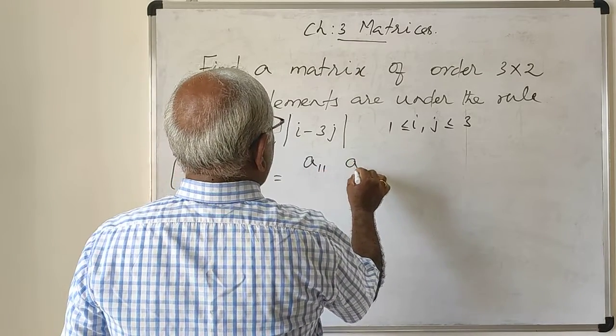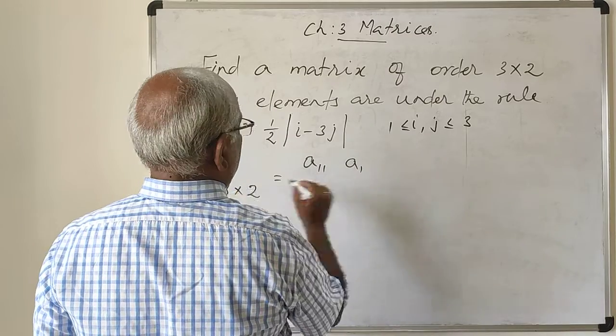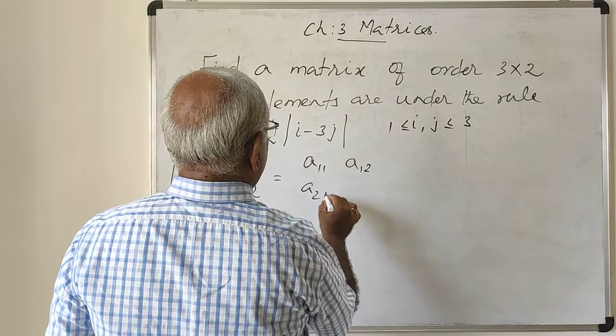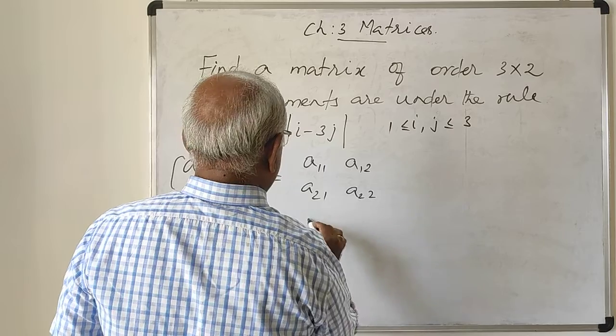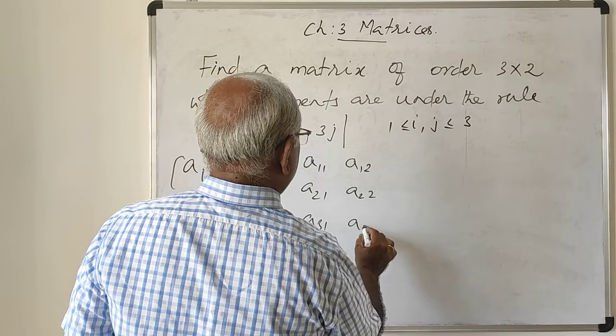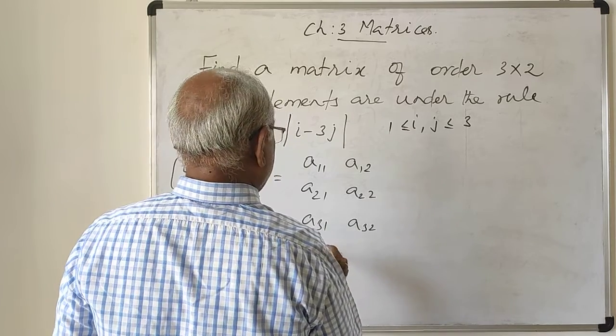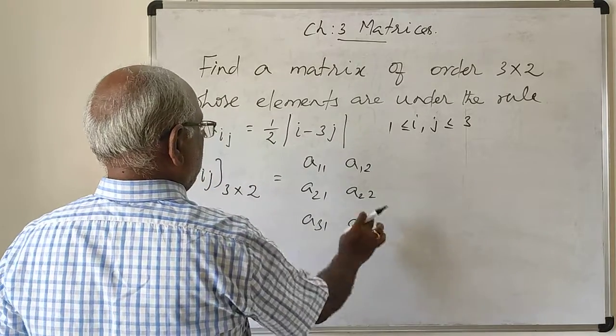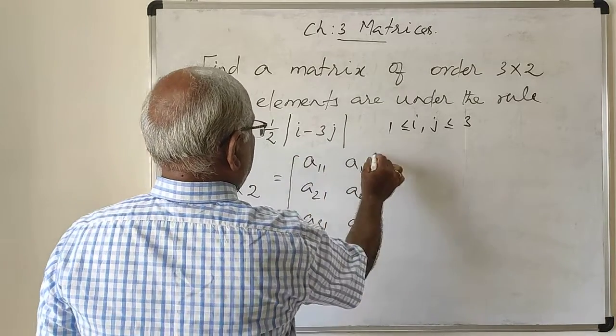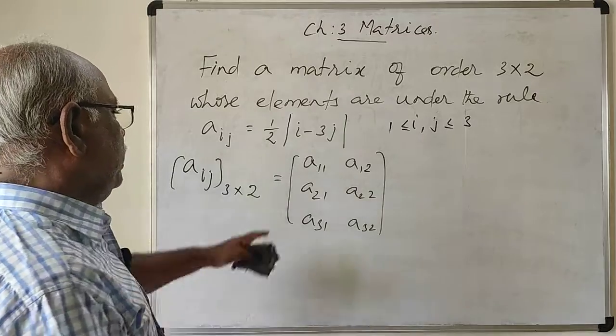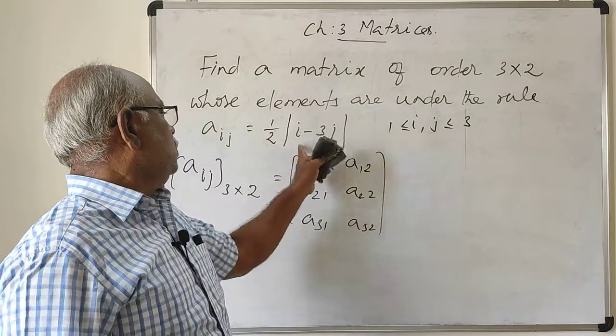A11, A12, A21, A22, A31, A32. 3 rows, 2 columns. This is a matrix we have to find. We have to find out the entries using this rule.